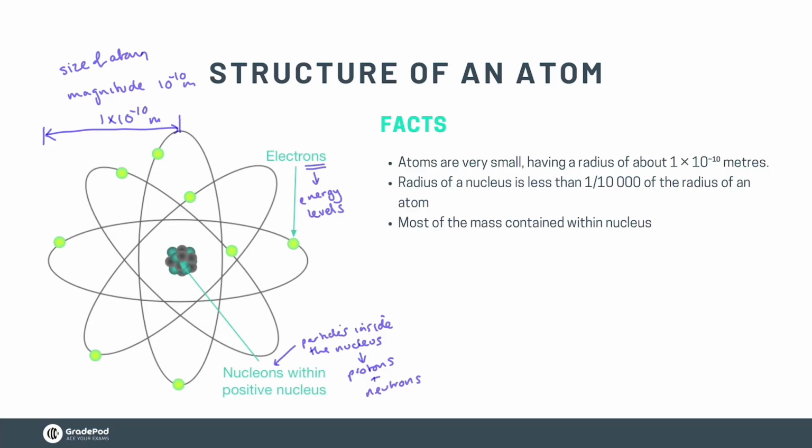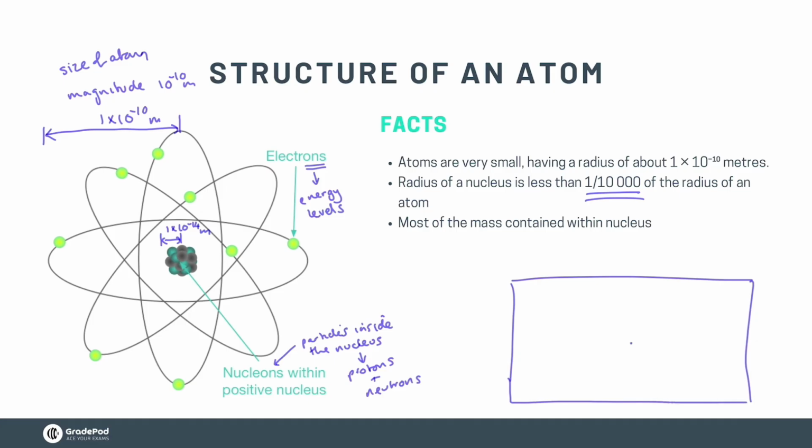What becomes interesting is that actually this nucleus is much smaller. This nucleus is 1 times 10 to the minus 14 meters. It's 1/10,000th of the radius of an atom. That means if you had a whole football field and put a tiny pea in the centre, that would be the nucleus.